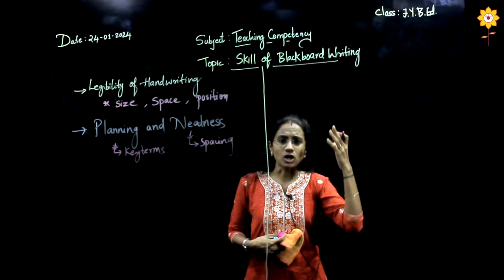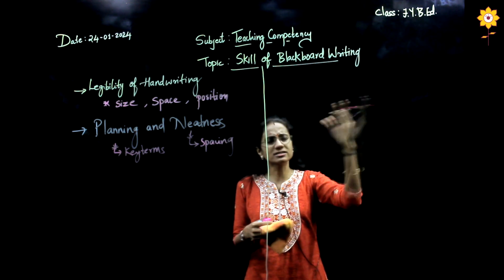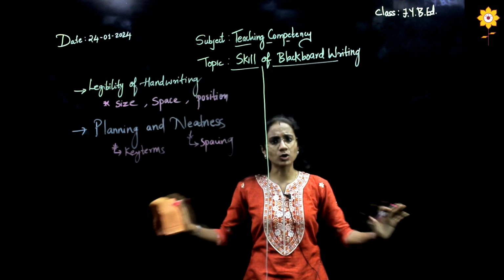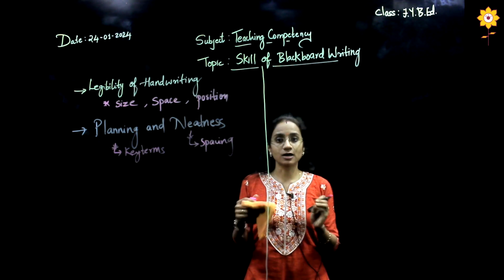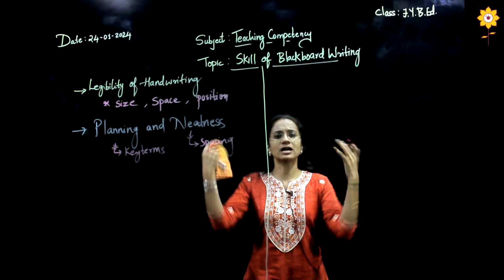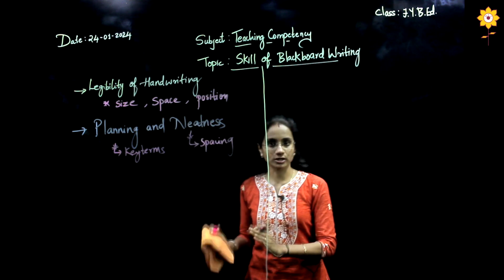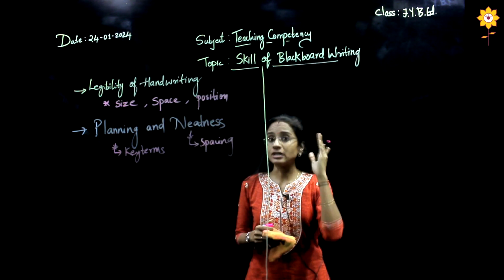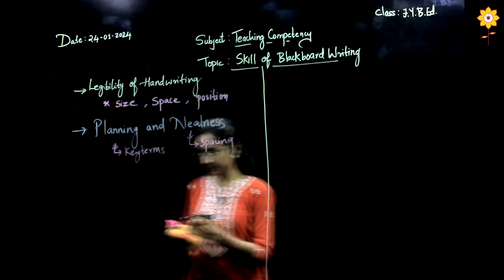Another thing is, if you have not planned properly, then what will happen is you will just keep on writing all the points and then at the end your Blackboard will look filled with a lot of information which becomes difficult for the students to assimilate and understand. So organize, plan what are the things that you need to put on the Blackboard and accordingly work on it, okay? So planning your Blackboard work is very important and also presenting it neatly.